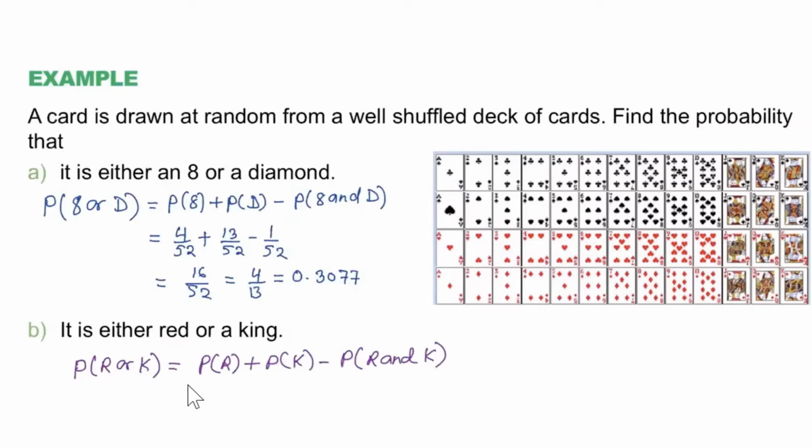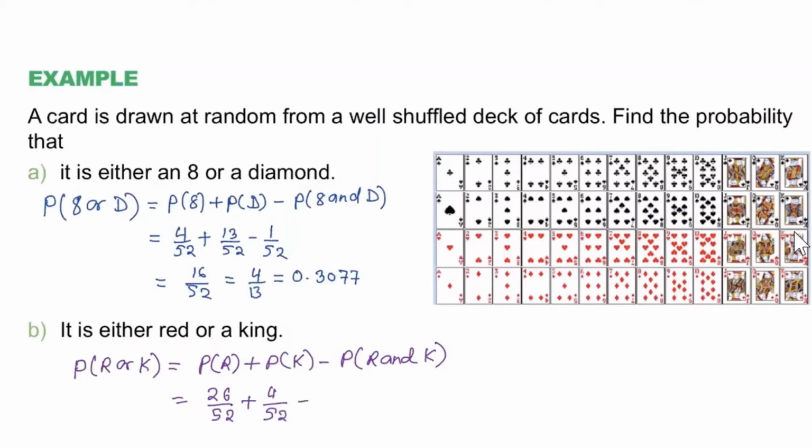Now let's write the values. Red cards. So probability of red, we have 26 red cards, so it is 26 out of 52, plus king. If you look here, you have 4 kings. So 4 out of 52, minus the cards which are both red and king.